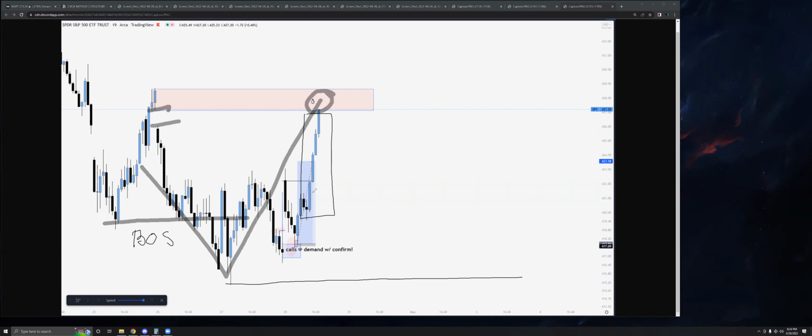Because we have the imbalance here, right? We have the imbalance here. We have the break of structure here. We have liquidity down here. And then we have our supply zone here. And look at this. It's going to drop, because that's unhealthy price action.